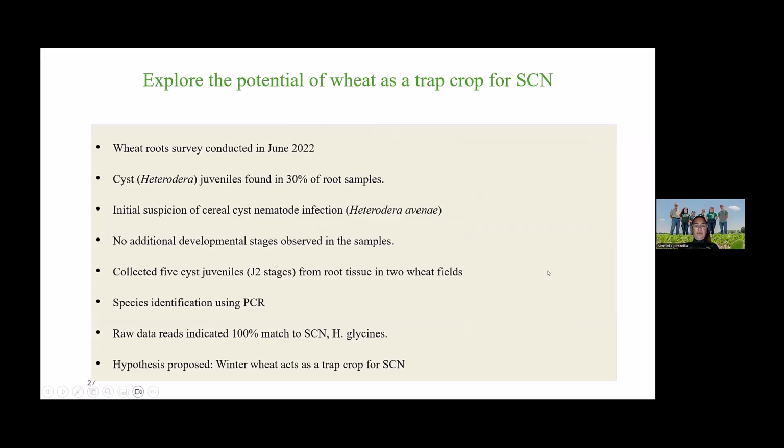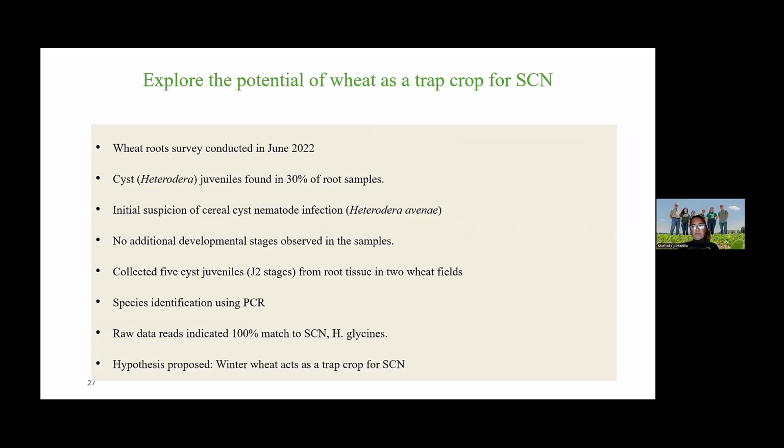So we evaluated wheat for soybean cyst nematode control. We found that wheat is a non-host, which was already known. We thought that it might be a trap crop, but it isn't a trap crop.